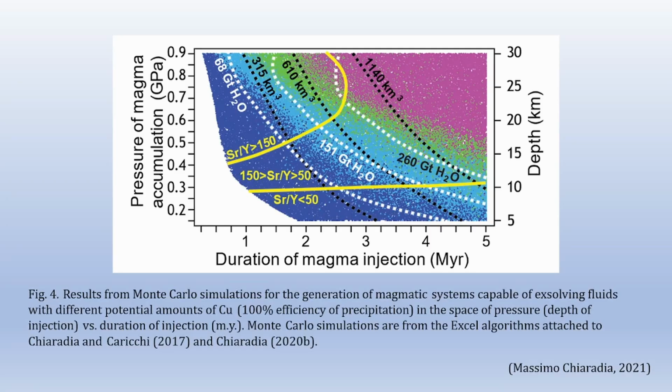At these depths, pressure is high enough to stabilize garnet and suppress plagioclase. That's an important chemical condition that keeps water and metals like copper, gold, and molybdenum trapped longer in the magma. And this relationship allows the magma to become more fertile and favorable to create mineral deposits.